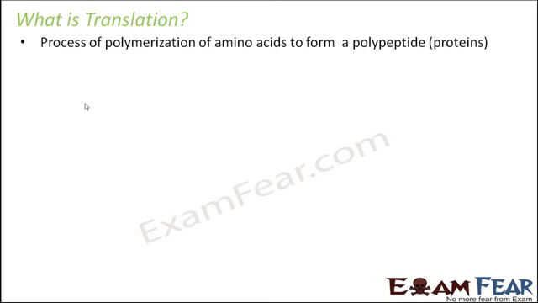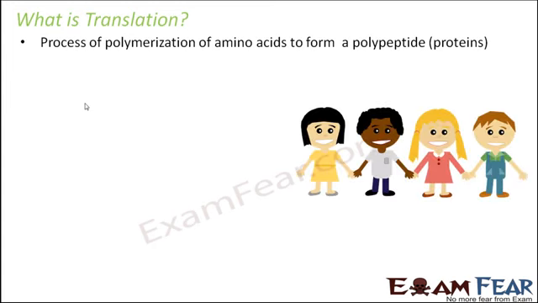The sequence in which the amino acids will be brought will be decided by the tRNA based on the sequence of bases on the mRNA. So let us focus on how peptide bond formation takes place to complete the process of translation. Here you can see four friends standing holding hands with each other.